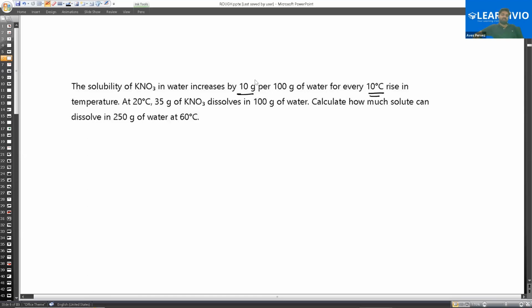So for every 10 degree rise in temperature, 10 grams of solute can be extra dissolved per 100 grams of water. If instead of 100 grams we have 250 grams of water, then 25 grams of solute can be added.